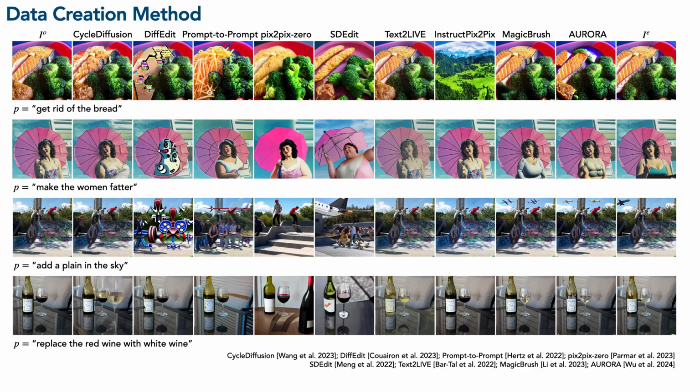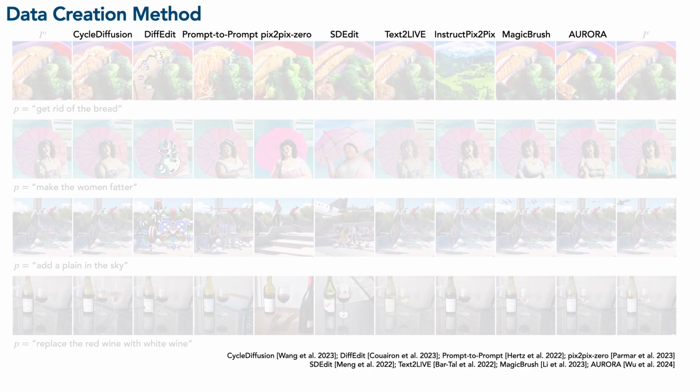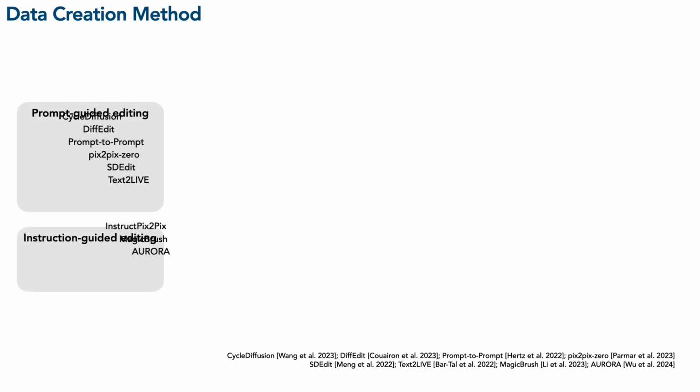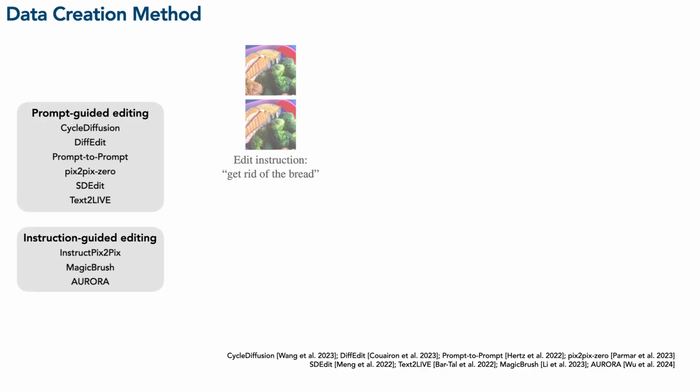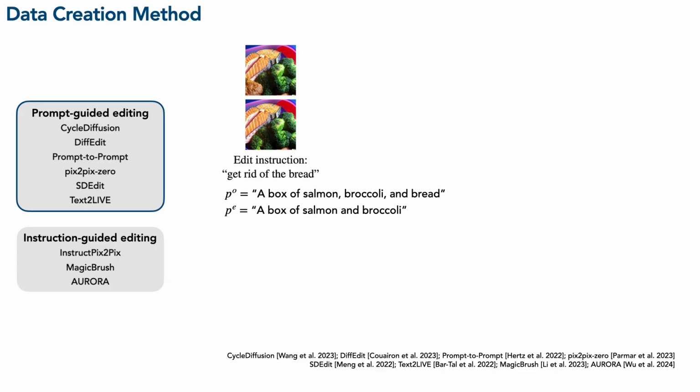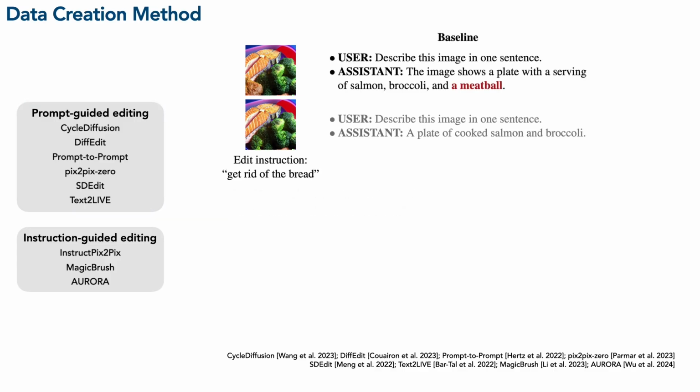These models fall into two categories: instruction-guided and prompt-guided image editing. The former use edit instructions to generate edits as we described before. Prompt-guided image editing requires two prompts describing the input and desired output. To generate these prompts, a natural idea is to use VLMs for captioning, but we found that captions often miss the intended edit even with heavy prompt engineering.